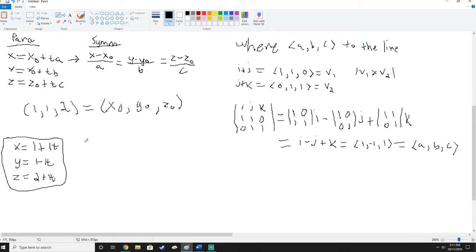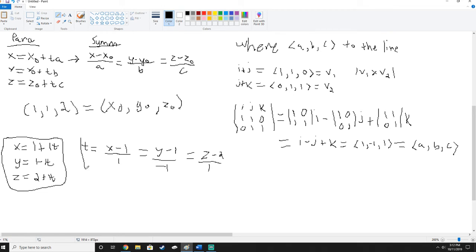To get t by itself, we subtract 1 from x and divide by 1, so it should be (x minus 1) over 1, which is equal to y minus 1, and we divide by -1, and then for z, we'll have (z minus 2) over 1.